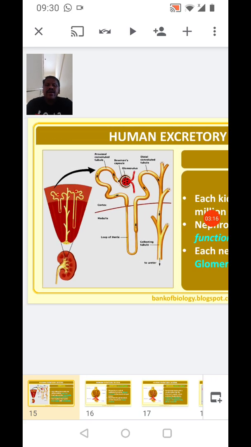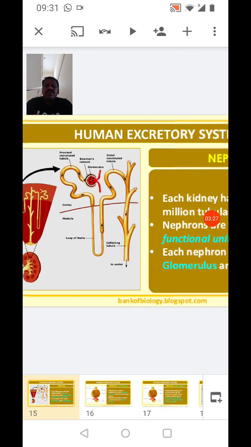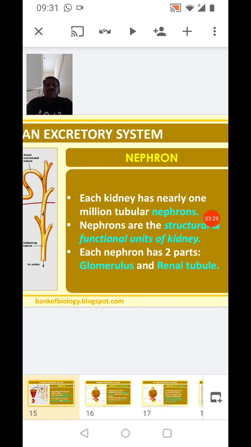Remember, here in the diagram you can see this is the nephron. Each nephron has two important parts. One is glomerulus and the second one is renal tubule. Okay. Glomerulus, renal tubule.